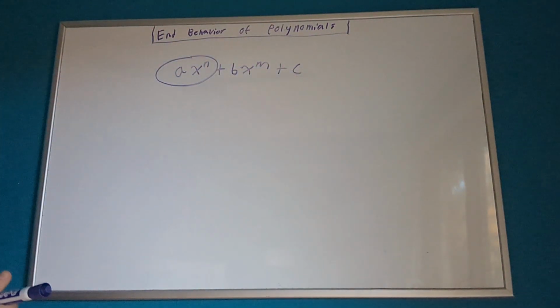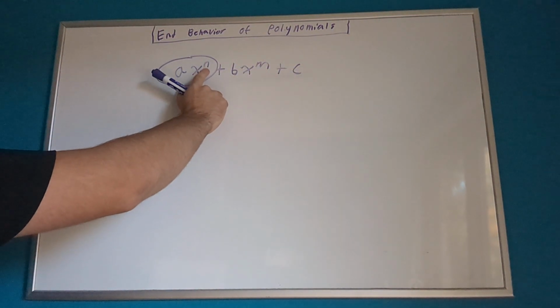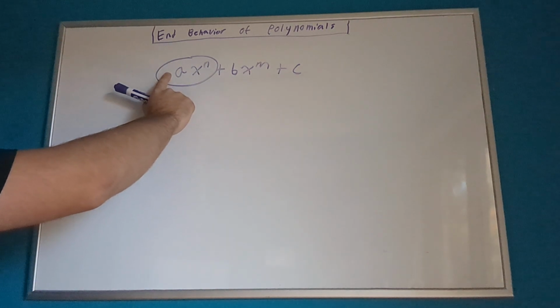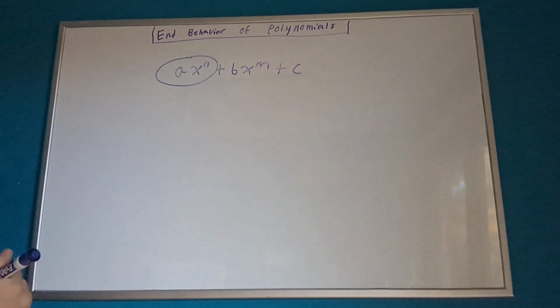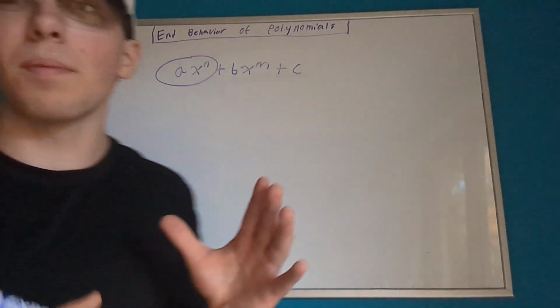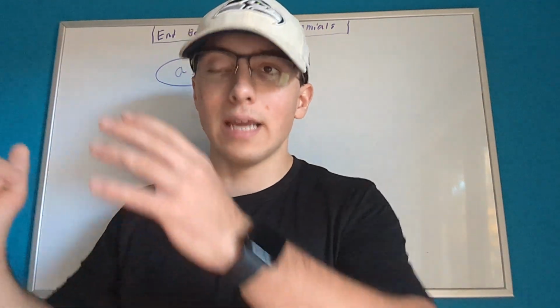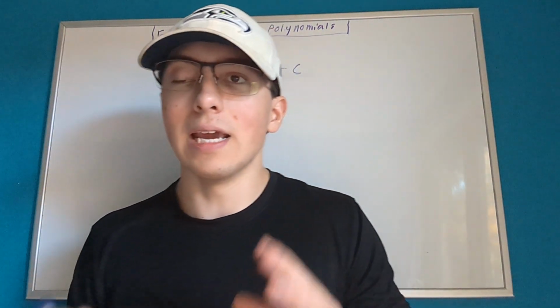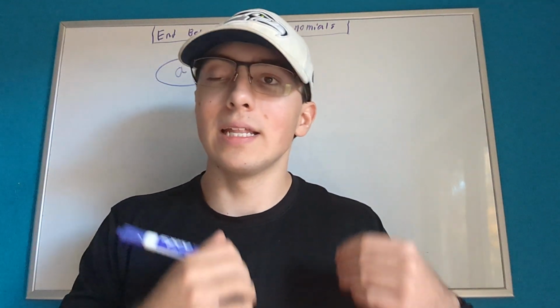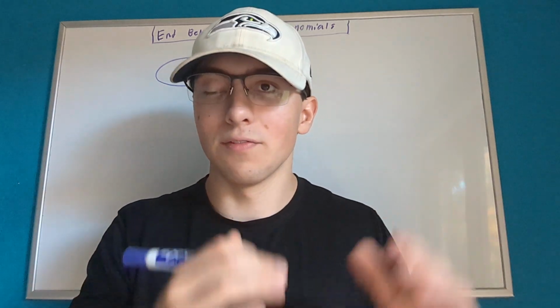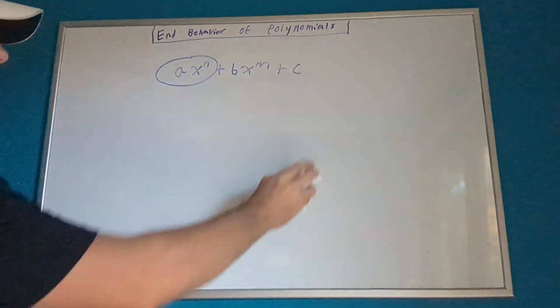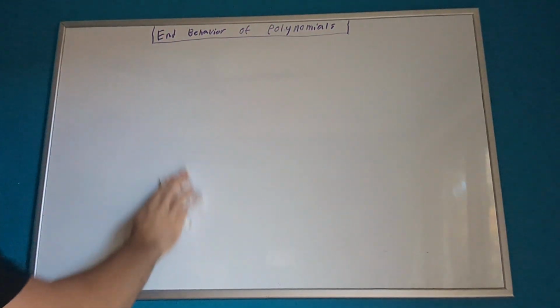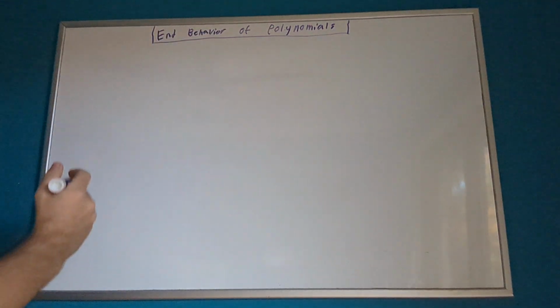Lastly, if n is odd and a is negative, as x approaches positive infinity, the end behavior will be negative infinity, and as x approaches negative infinity, the end behavior will be positive infinity.